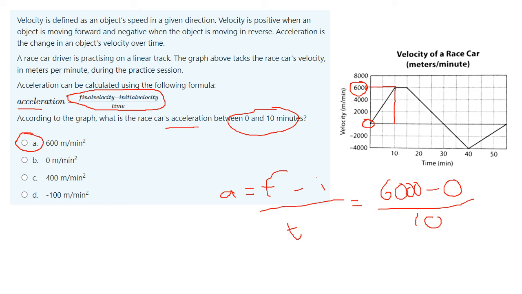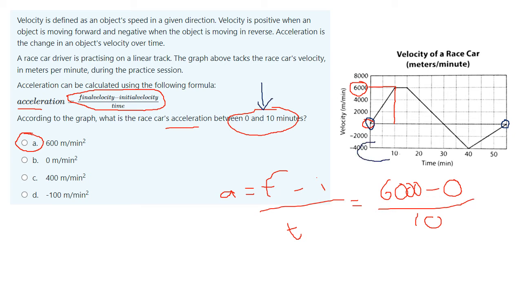If you chose 0, then you took the beginning and the end, and you had 0 minus 0 divided by 55, which would give you 0. But it doesn't say for the total time of the graph, it says in the first 10 minutes.